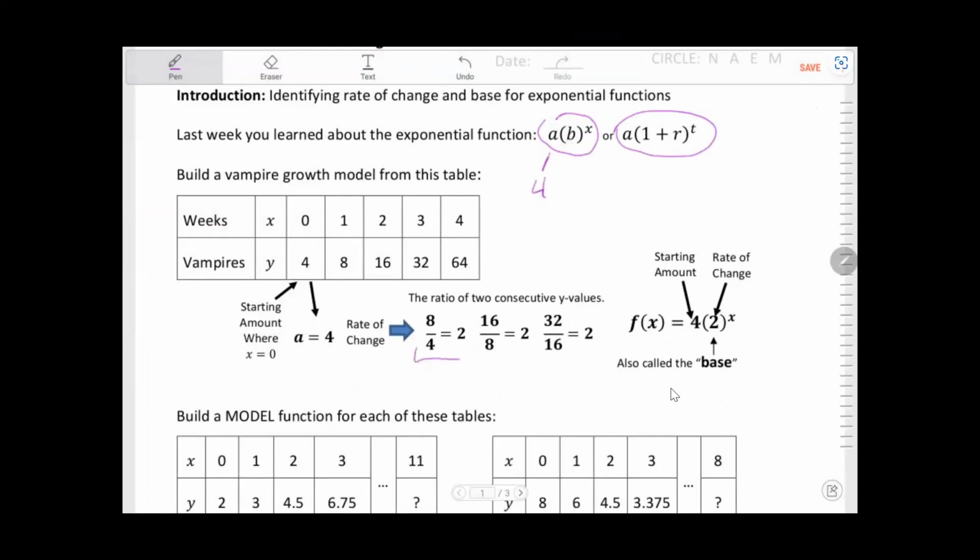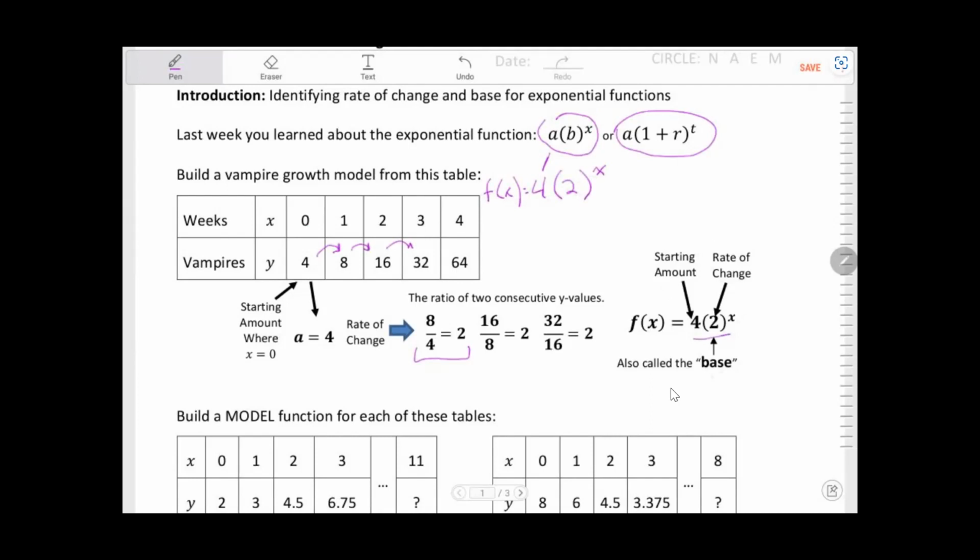The rate of change was 2. Look, it's doubling every time, so times 2. And then we're going to use an x. We're going to call this f of x this time instead of t. And so there's our rate of change.